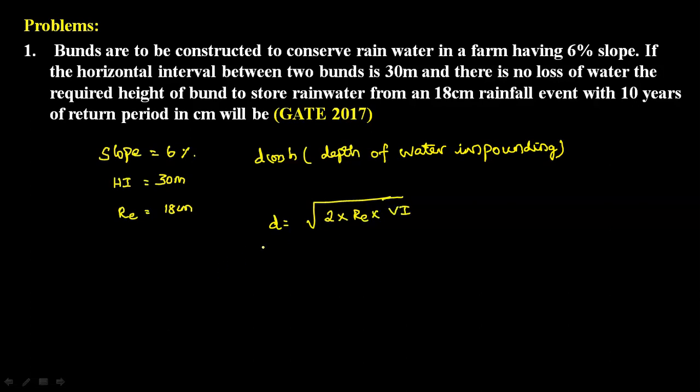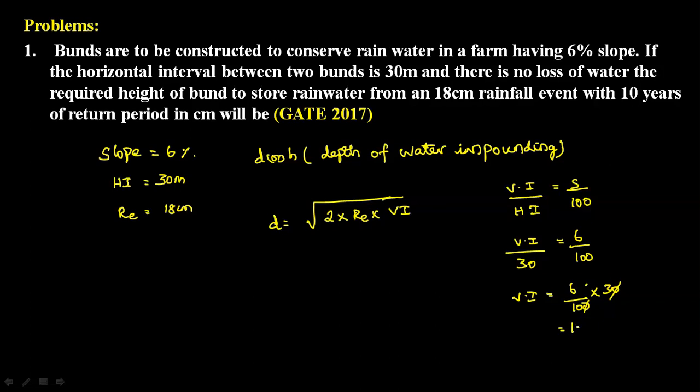To find the vertical interval, the formula is VI by HI equal to S by 100. The slope they have given is 6 by 100. So VI divided by the horizontal interval, 30 meter. When you calculate, 6 divided by 100 into 30, the zeros cancel, 6 threes are 18 divided by 10, 1.8 meter. The vertical interval is 1.8 meter.